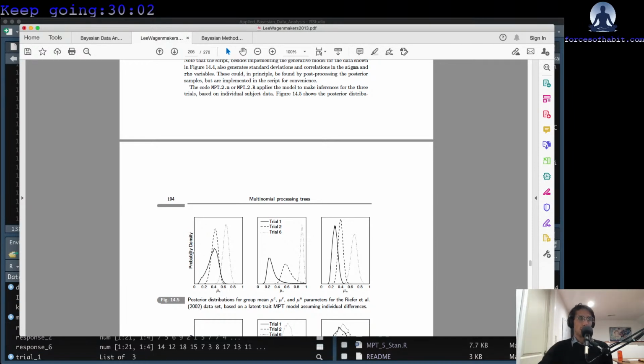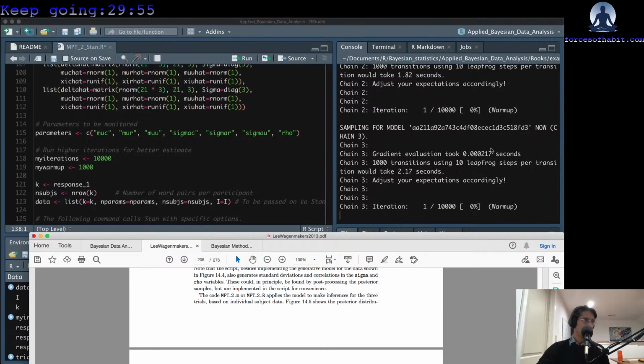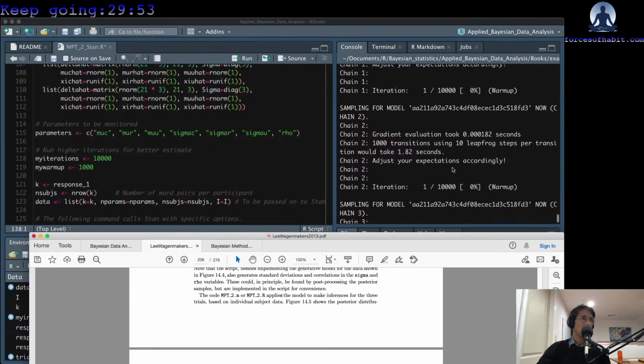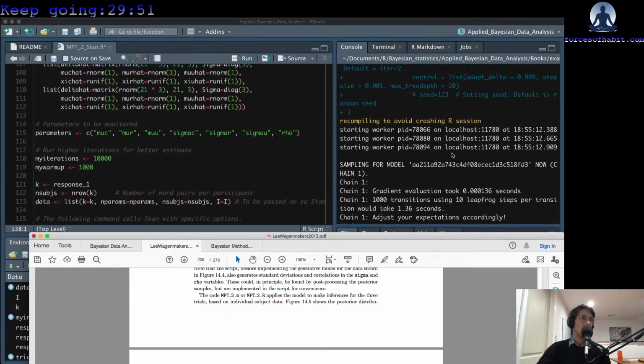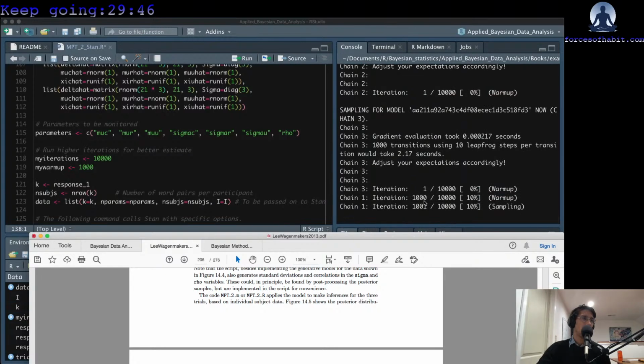That makes sense because we're accounting for additional variability. All right, so this is good. It looks like we're making some progress here.